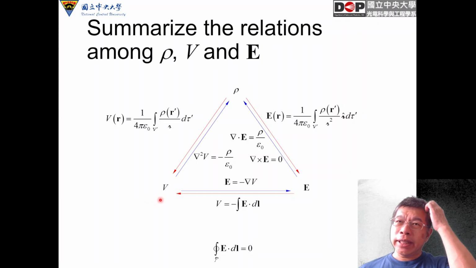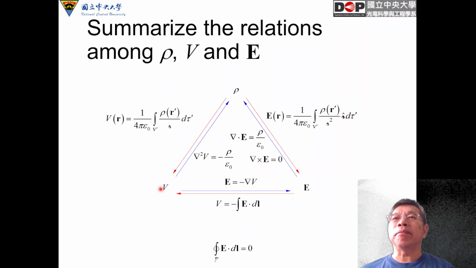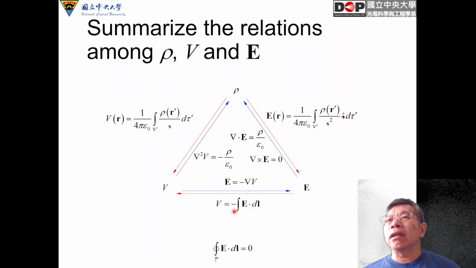And then we have the potential. That potential can be related to the electric field. So the potential is in the middle, between charge and electric field, but we can use the potential to obtain the electric field as well. Here is the relation between the electric field and the electric potential.